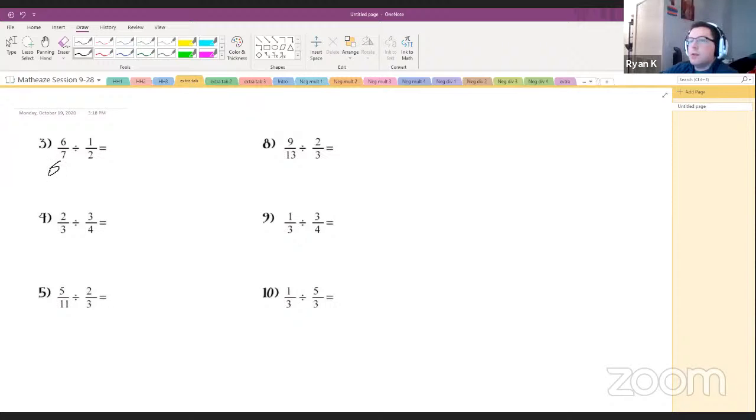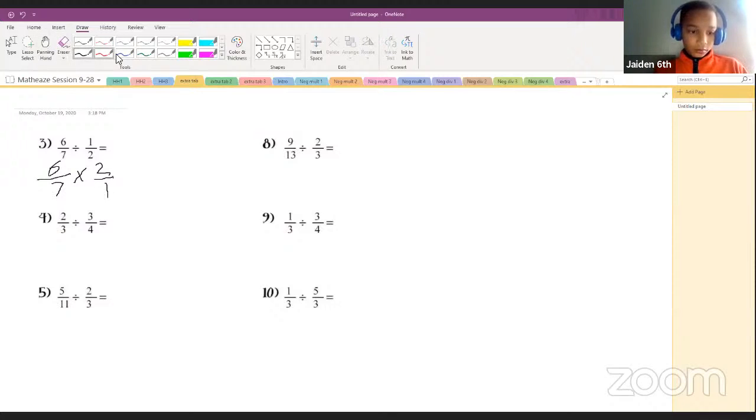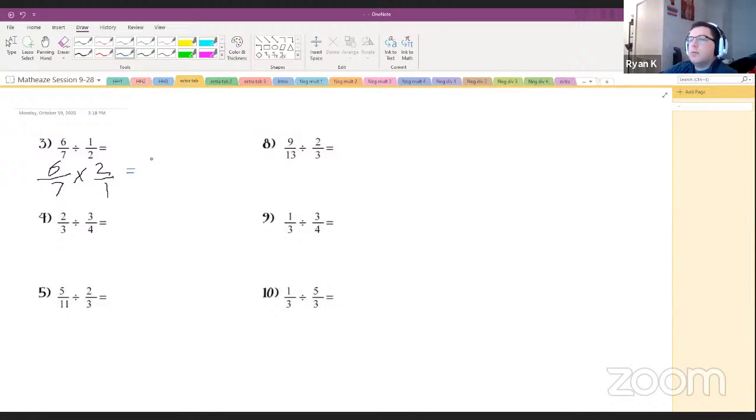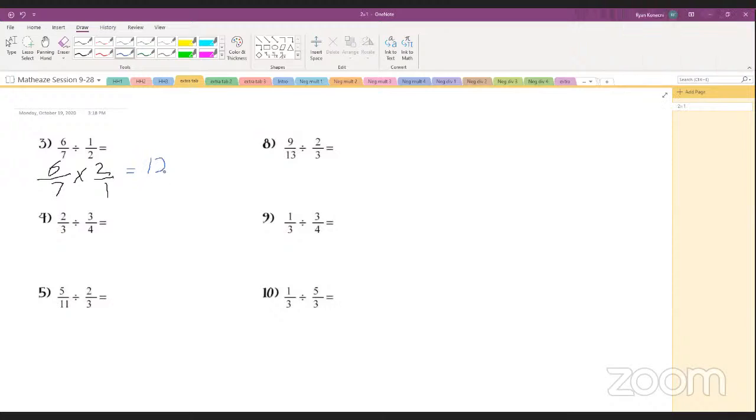So same thing, 6/7. I'm gonna change this to a multiplication sign and flip this one. So we have 6 times 2, 12. And 7 times 1, 7. Perfect.